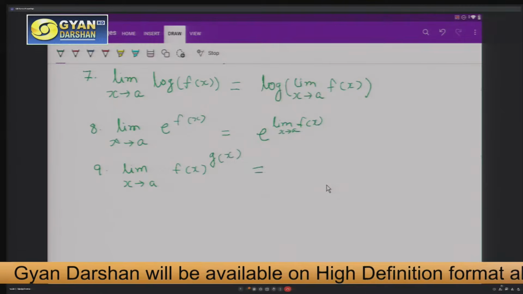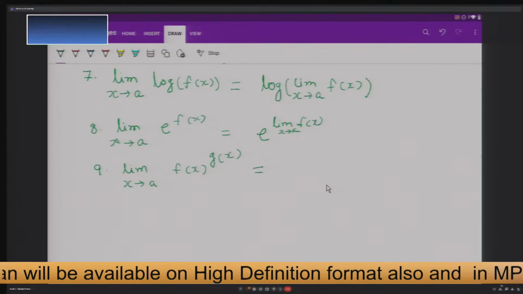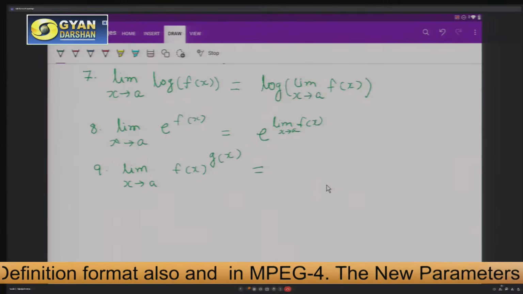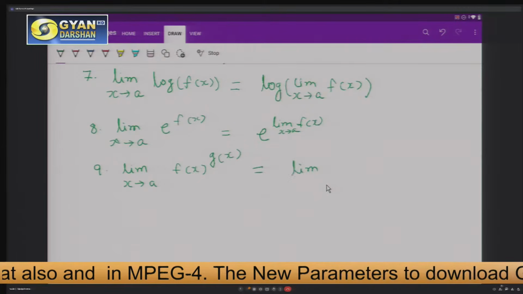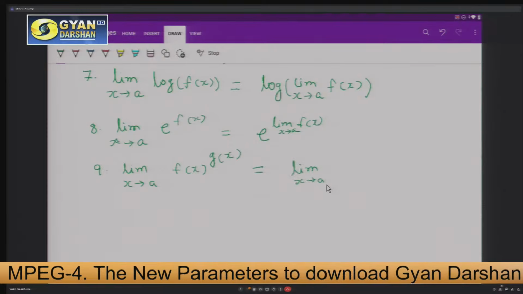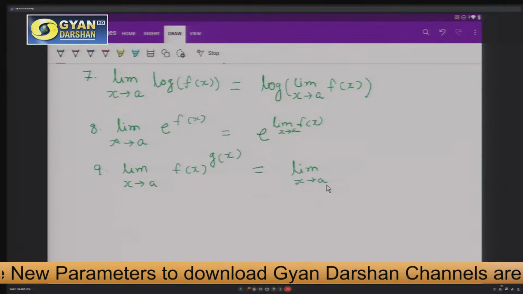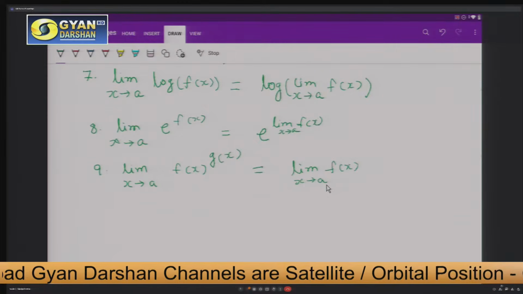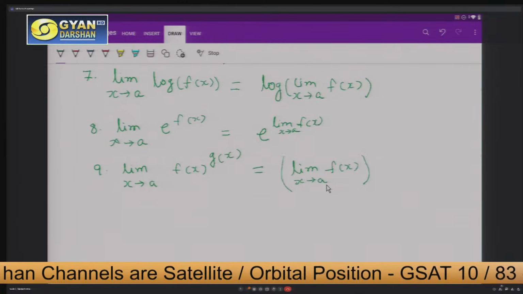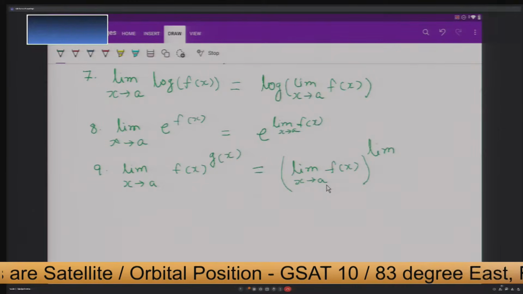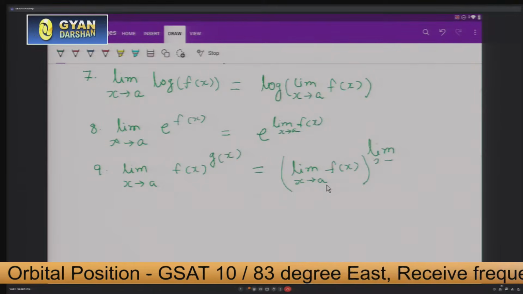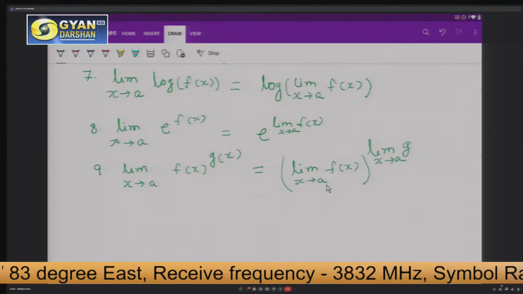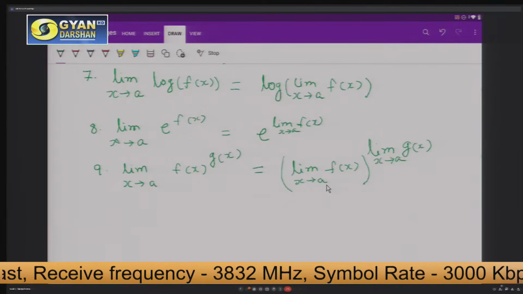So this will be equal to limit x tends to a f(x), separately we will take the limit, to the power limit x tends to a g(x).